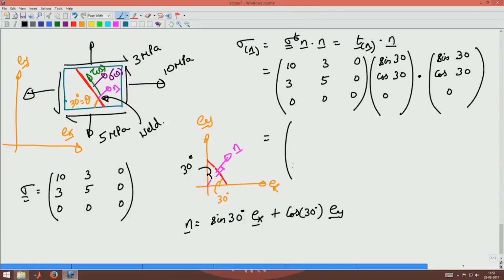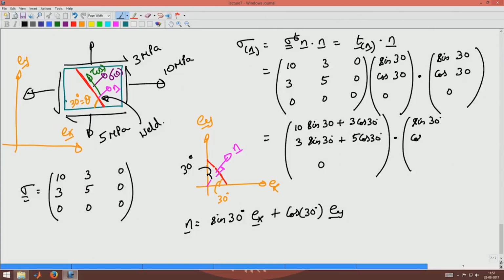So, this will be 10 times sin 30 plus 3 times cos 30, 3 times sin 30 plus 5 times cos 30, 0 dotted with sin 30, cos 30 and 0, which will give me 10 times sin square 30 plus 5 times cos square 30 plus 3 into 2 cos 30 into sin 30.